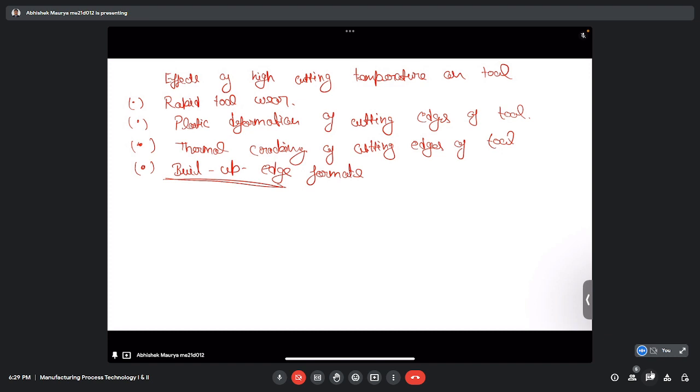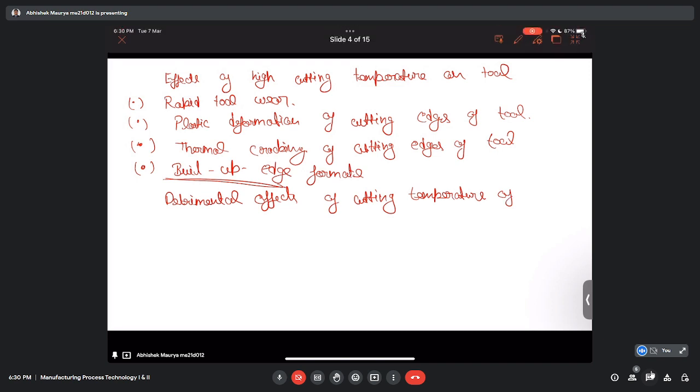And now I will note down some detrimental effects of temperature rise on the workpiece. Detrimental effects of cutting temperature on the job or the workpiece.